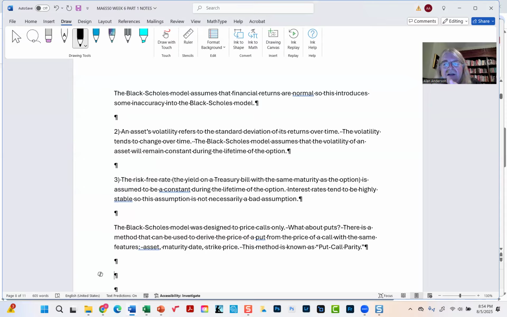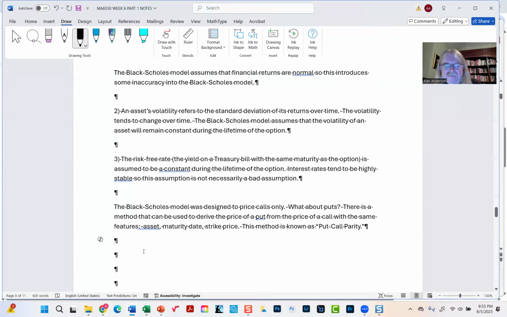So it was Merton who extended it out to other assets like options on currencies and other types of securities. But as I said, the American options had to wait a little bit longer for a different framework that was actually consistent with Black-Scholes assumptions. But we'll get to that later on in the next section.